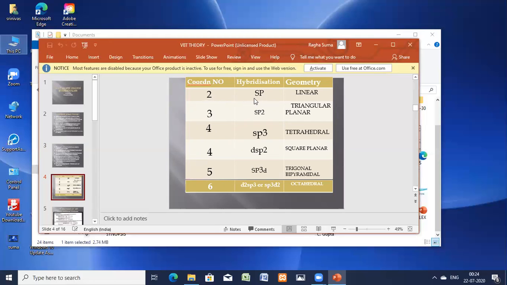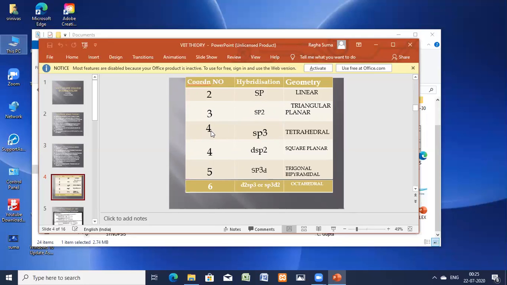The hybridization is sp, and the shape will be linear. If 3 ligands are there, ML3, the coordination number is 3, so the hybridization is sp2, and the shape will be trigonal planar.